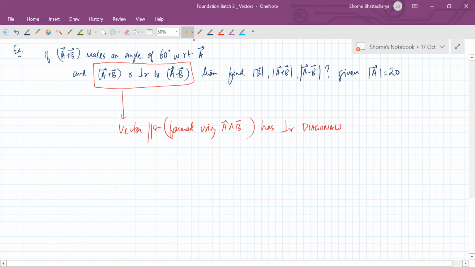So you go back to the special theorems and you recall the condition for the diagonals to be perpendicular. That means the parallelogram must be a rhombus. Then use properties of rhombus.